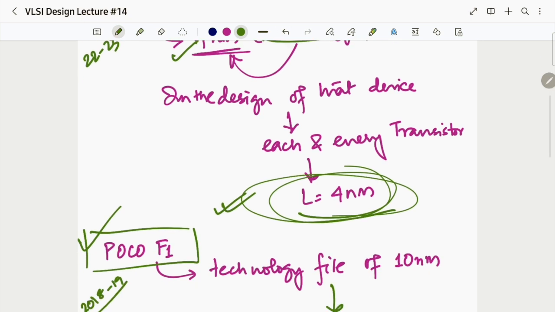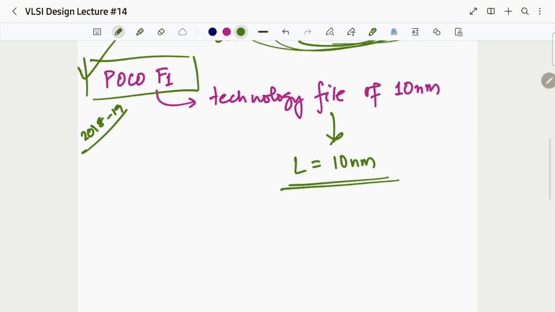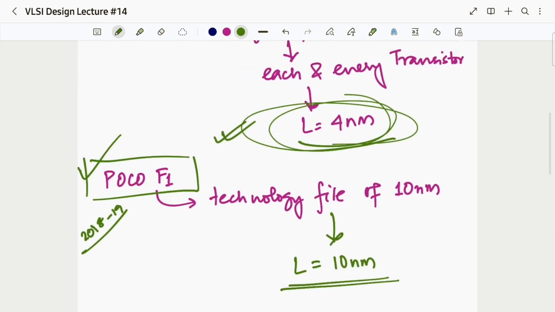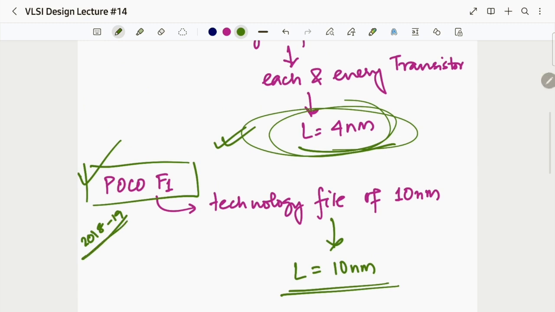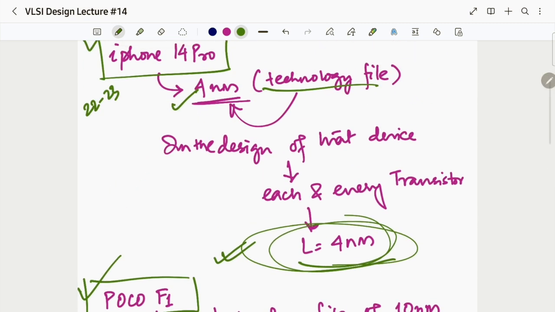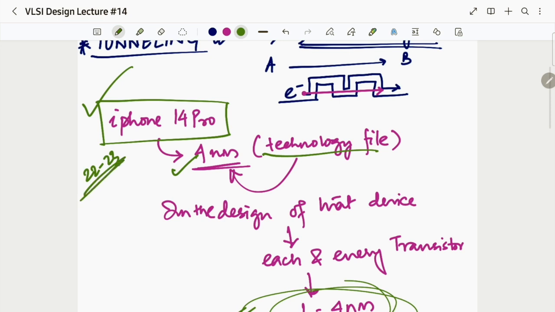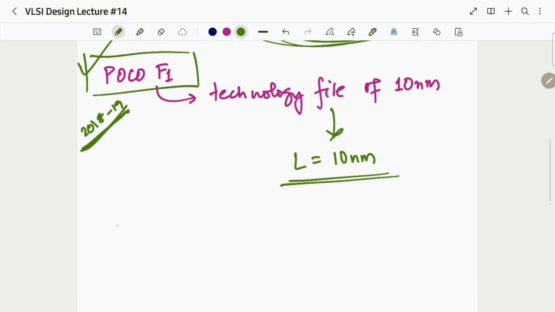You can check on it; I might not be remembering it correctly. Even if it was 2019 and the iPhone in 2022, in a span of nearly 3 years, the channel length got reduced from 10 nanometer to 4 nanometer.